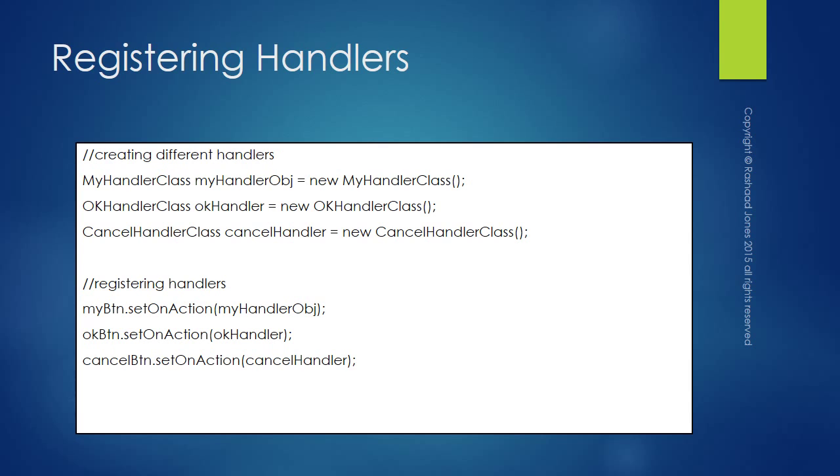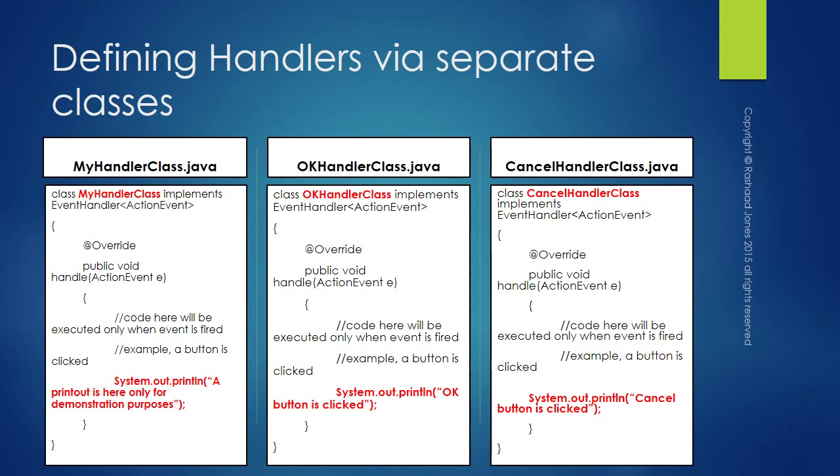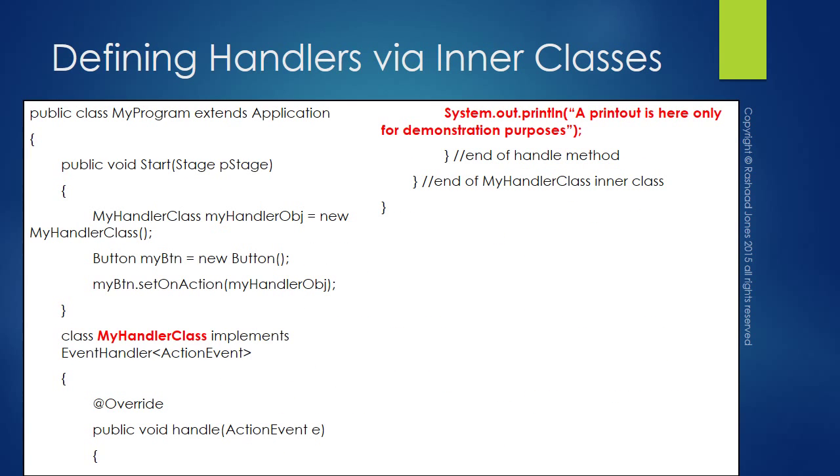Go back to one of these examples, where I'm actually doing the inner class. I'm doing the inner class, and instead of the action event, I would have a mouse event, and then for the key event, I would just have the key event. And for the key event, you have to make sure you set your focus for your text.